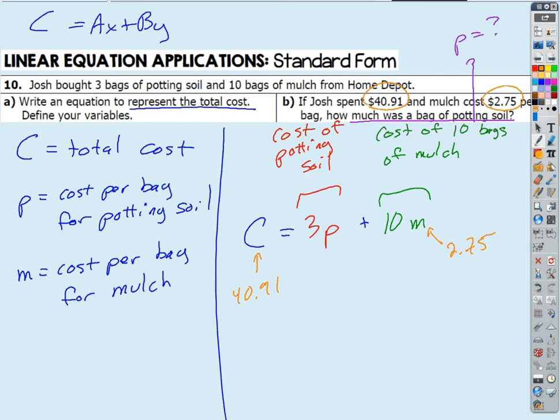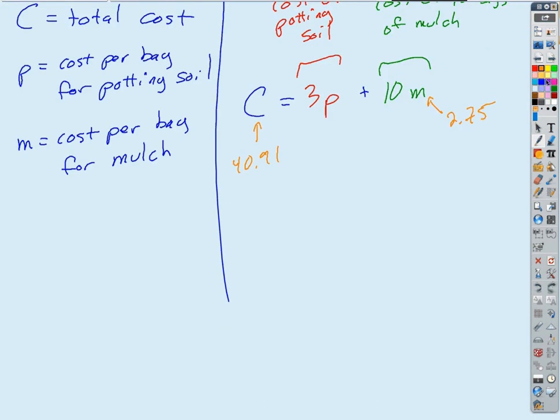If I plug all that stuff in, I get the equation 40.91 equals 3P plus 10 times 2.75, right? And all I've got to do is just solve for P. If I multiply 10 times a decimal, what do I have to do?